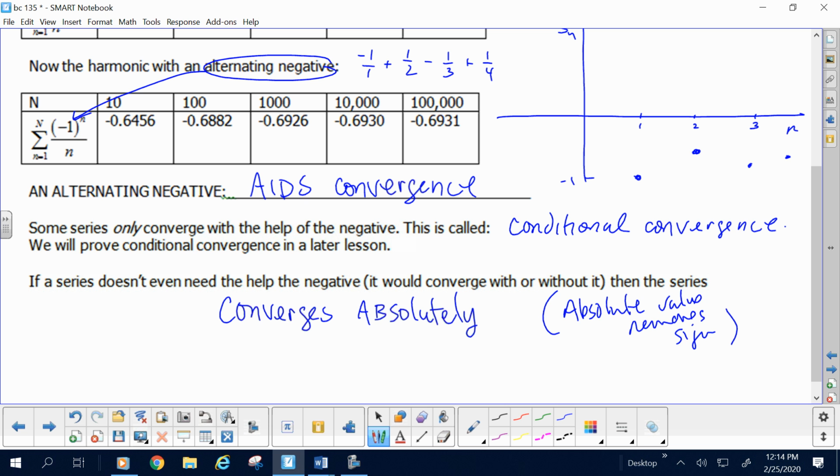If it would converge absolutely, it means I wouldn't even need that. For example, say this series. And that's an alternating series, but if I took out the negative, what would it be? It would be a P series that converges, right? That's a series that converges absolutely.